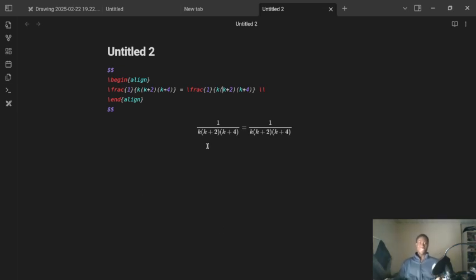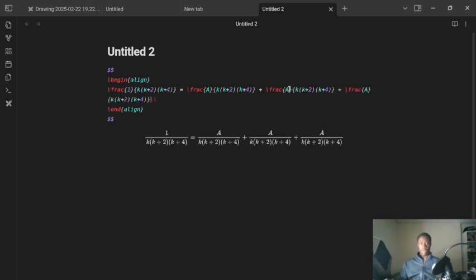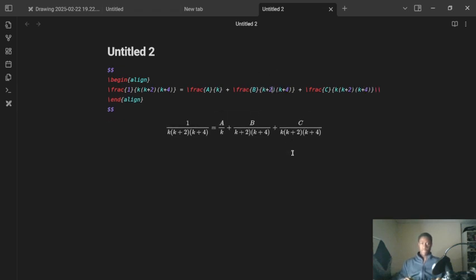Well, I don't know how insightful that information was, but this is equal to the sum of A, B, C, and don't worry, I know we're not done yet, with this part here, this part here, and this part here.